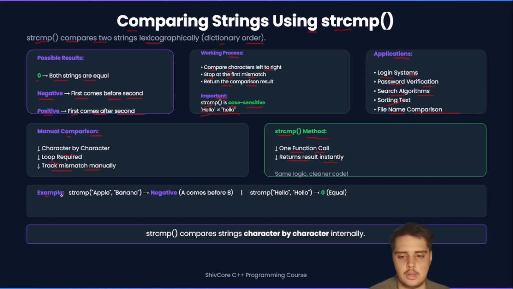An example is strcmp of apple and banana: negative means A comes before B. strcmp of hello and hello gives 0, meaning they are equal. So strcmp compares strings character by character internally.